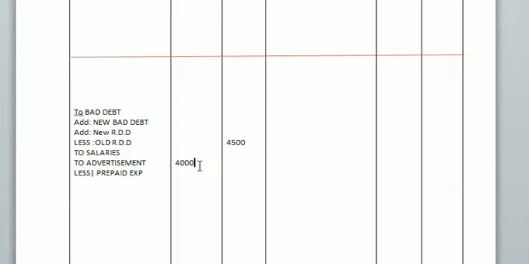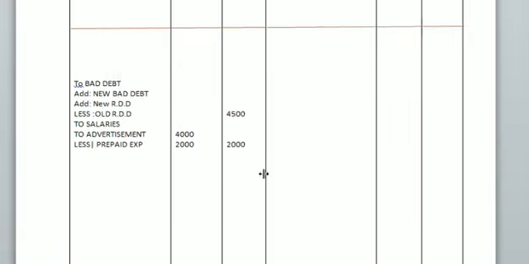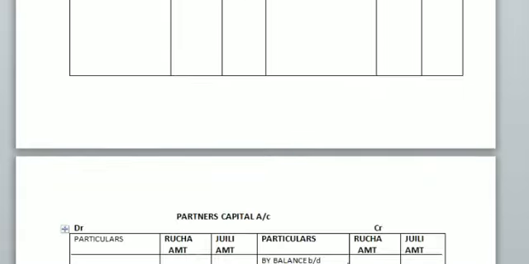It means 2,000 rupees for 1 year. So we will minus this and bring the amount in the outer column. The balance amount is 2,000 rupees.